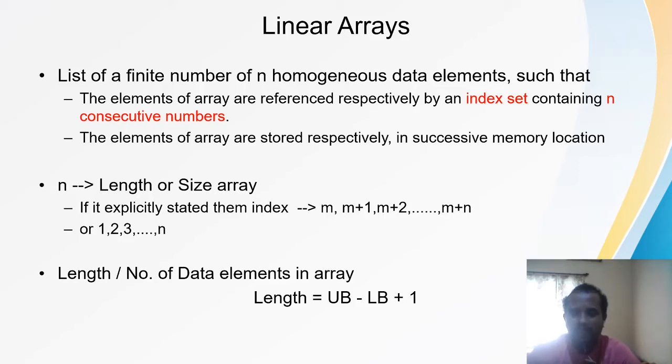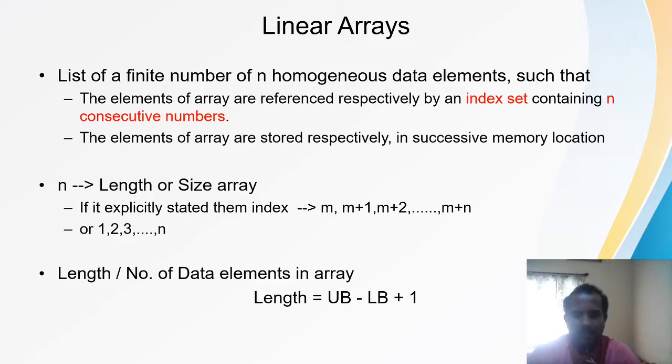If I am starting my index from 0, then it will be 0, 1, 2 up to n. But most of the time in the data structure class we will be using the index value from 1 to n.